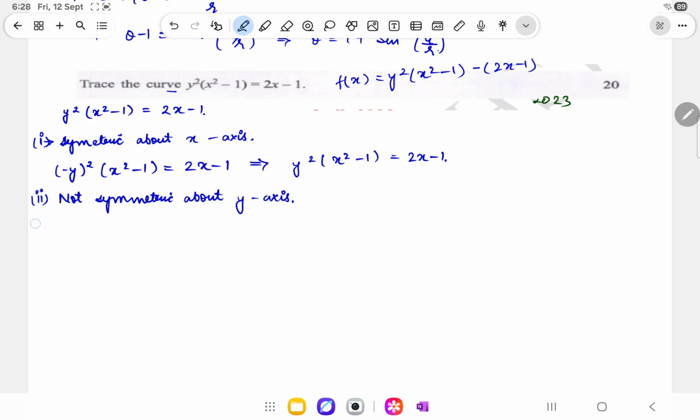So this is my second result. My third result will be, you can observe that if I put x equals to 0 and y equals to 0, then the equation doesn't satisfy itself. So from here we can say that our curve doesn't pass via origin.